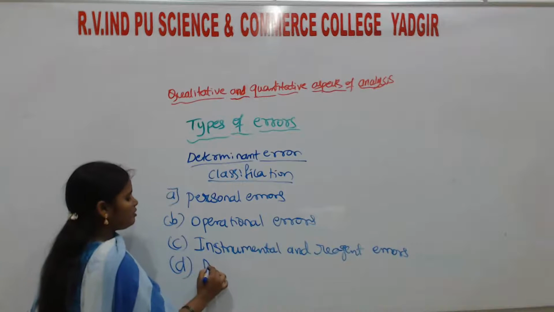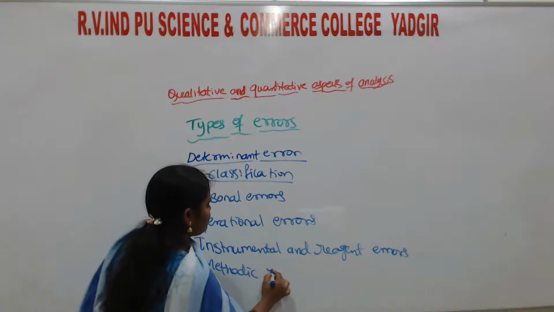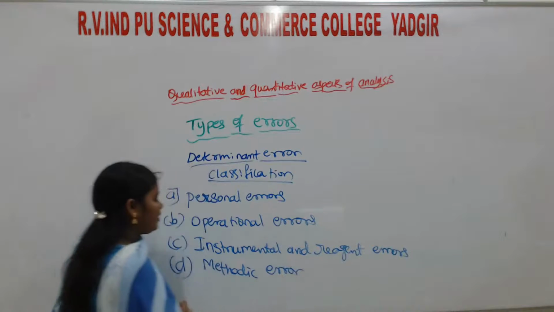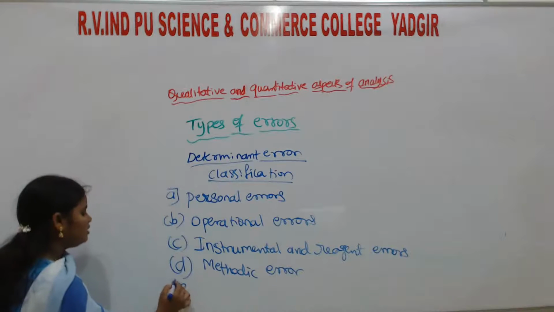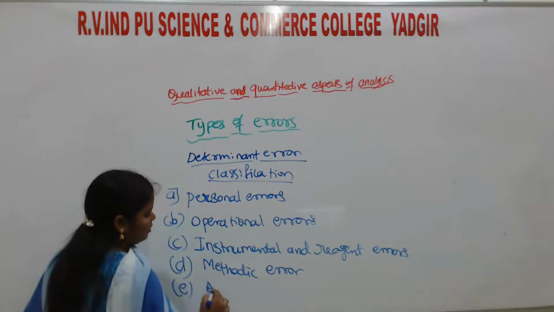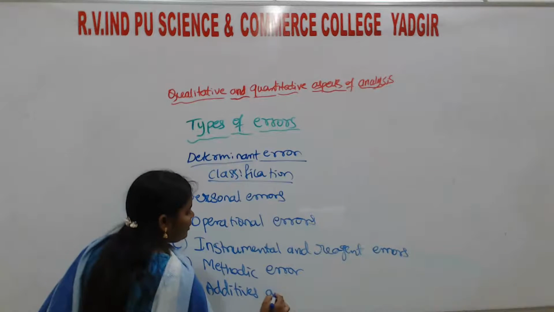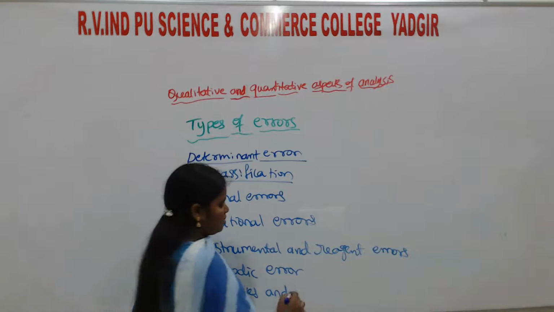And the fifth one, E, is additive and proportional errors.